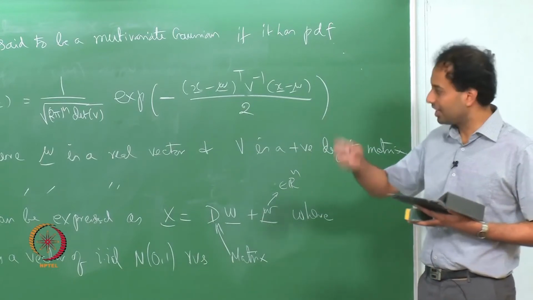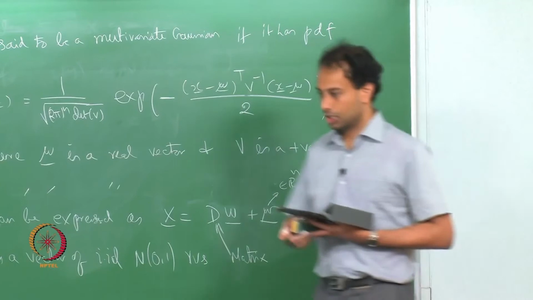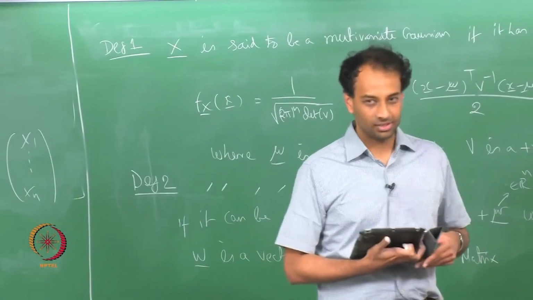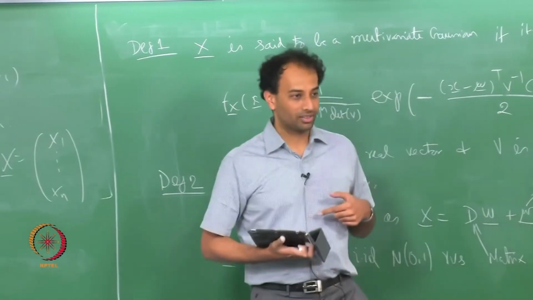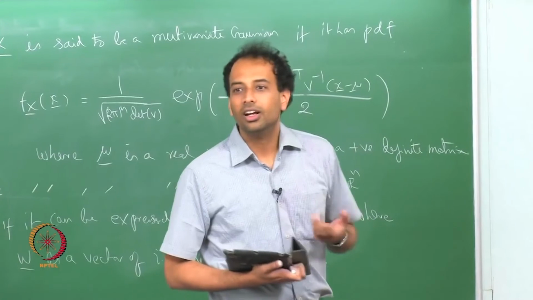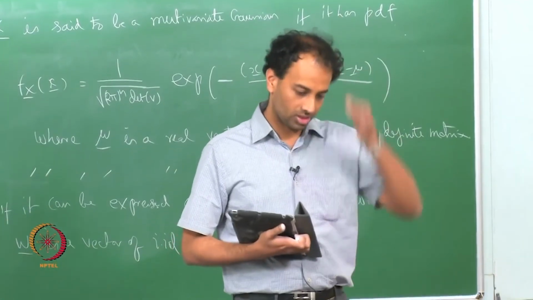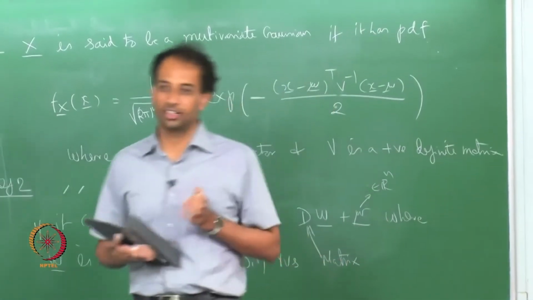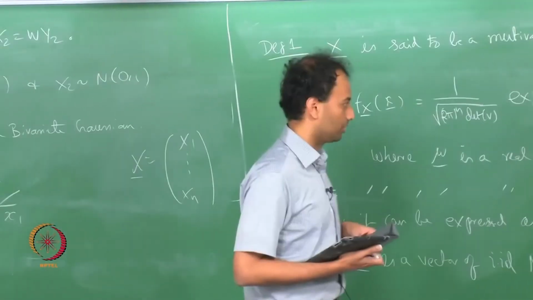So, which again means that if you have a diagonal covariance matrix, that necessarily implies that the random variables are independent. So, if the entries in a Gaussian vector are uncorrelated, then they are all independent, which is generally not true, only for Gaussian vector is it true.